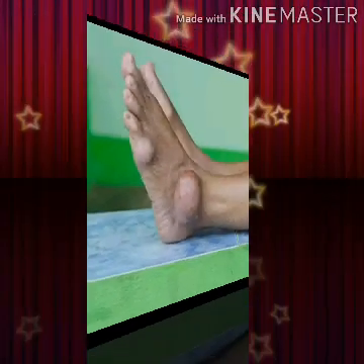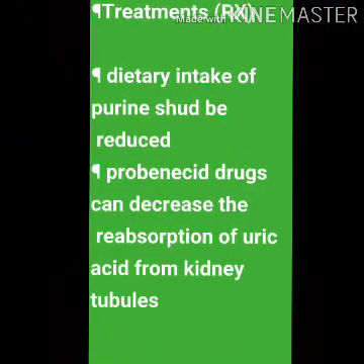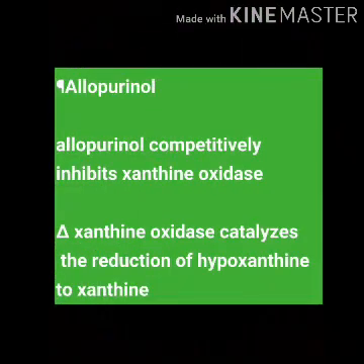Now we could also see the treatment for gout, or the remedies. First of all, you have to reduce the dietary intake of purine, which you can find in most of our foods. Some drugs can decrease the absorption of uric acid from the kidney to the blood. Also, allopurinol can competitively inhibit xanthine oxidase.